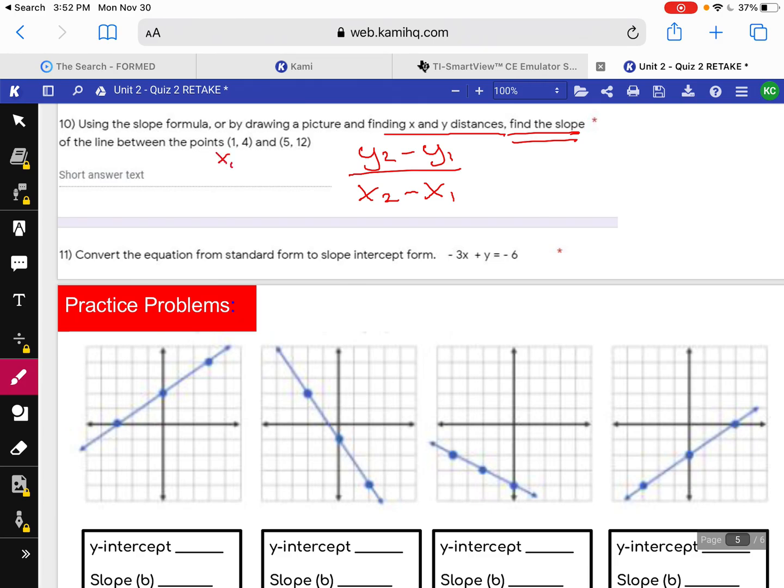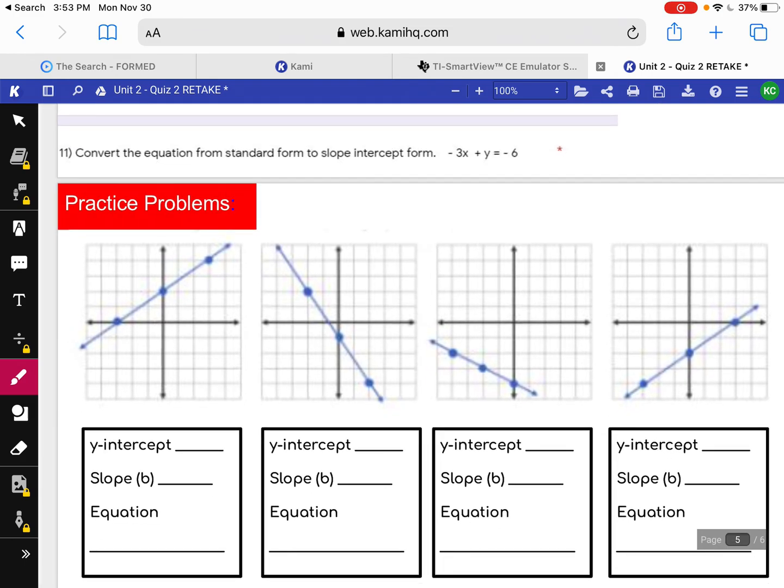This is x sub 1, y sub 1, my first point. This is simply the second point, so it's x sub 2, y sub 2. When I plug these in, I would have had 12 take away 4 and 5 take away 1. 8 over 4, or a slope of 2.